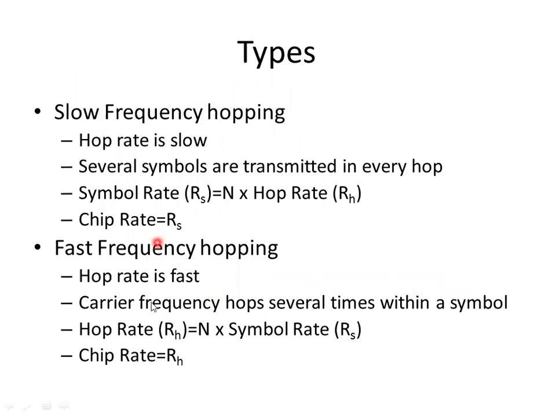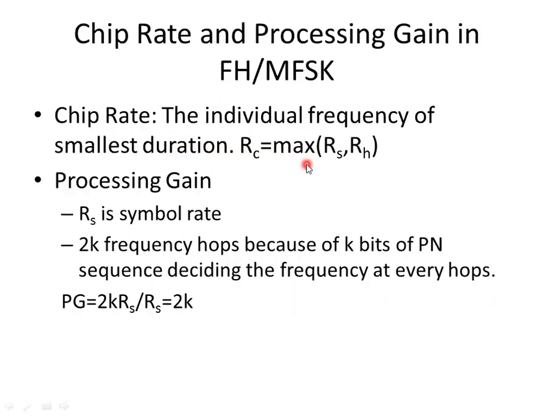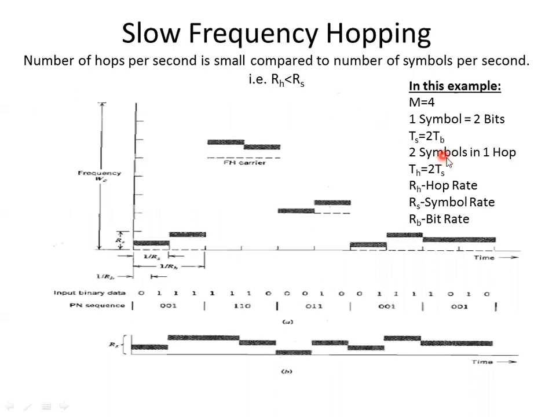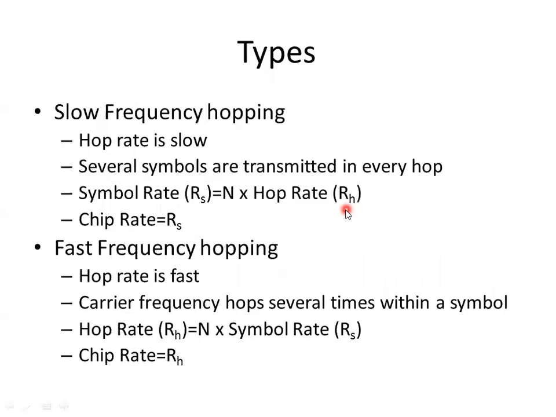I'm just quickly revising the two types of frequency hopped spectrum techniques. Slow frequency hopping: the hop rate is very slow, that means several symbols are transmitted in every hop. In the example that we saw, we were transmitting 2 symbols in one hop. Symbol rate RS is n times the hop rate, correct?